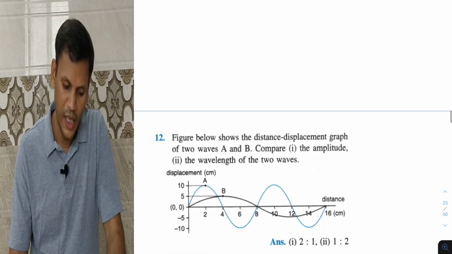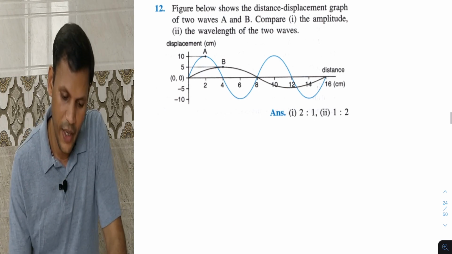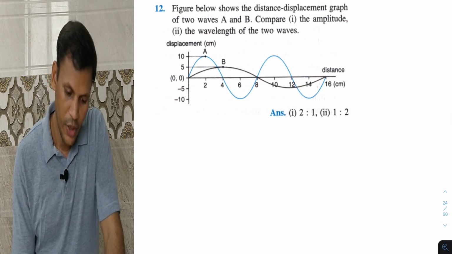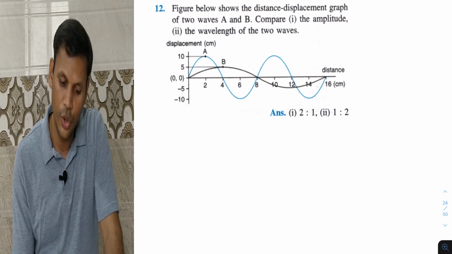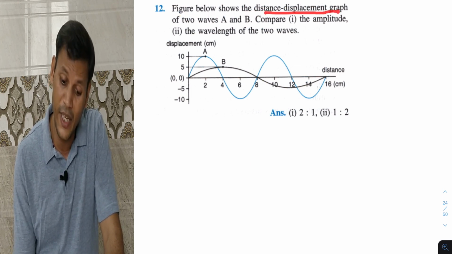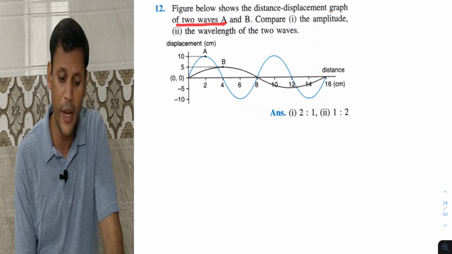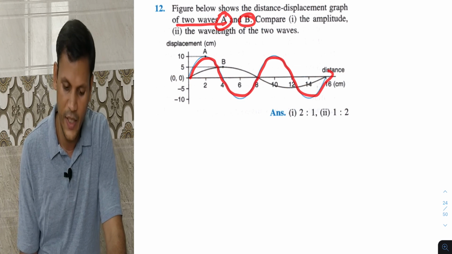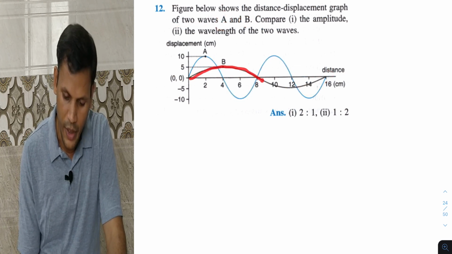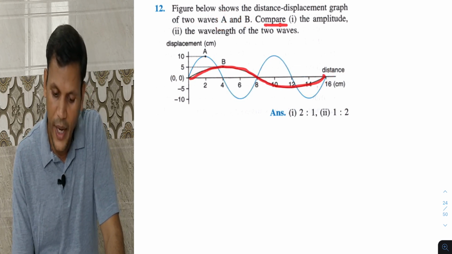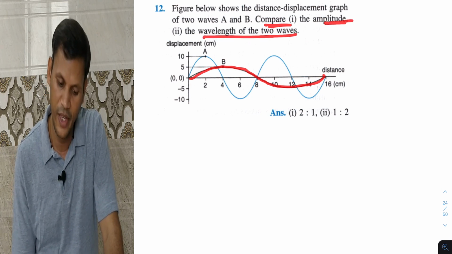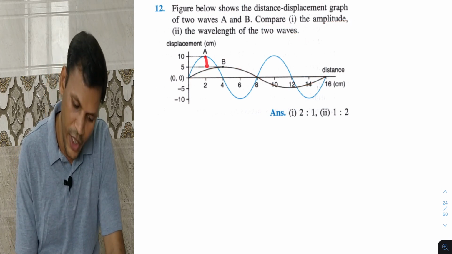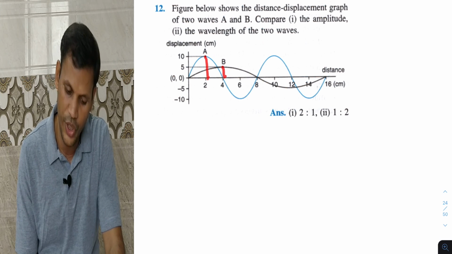Next and last question, we have question number 12. Figure below shows the distance displacement graph of two waves A and B. This is wave A and this is wave B. We have to compare amplitude and wavelength of the two waves. तो amplitude क्या होता है, ये होता है, B के लिए amplitude ये है.